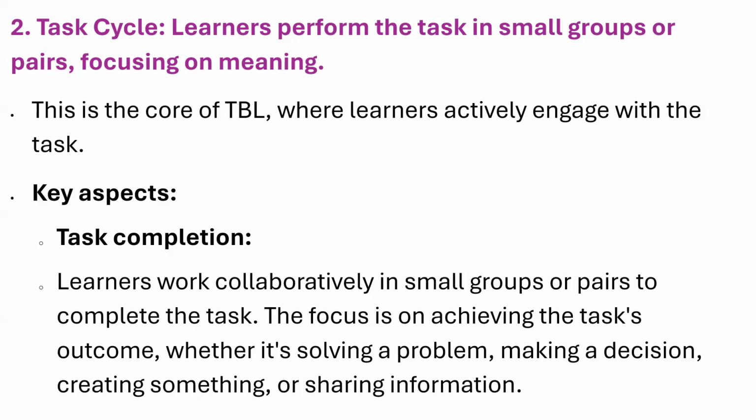Learners work collaboratively in small groups or pairs to complete the task. So students are working together in a group to complete the task. It may be solving a problem, making a decision, creating something, or sharing information.